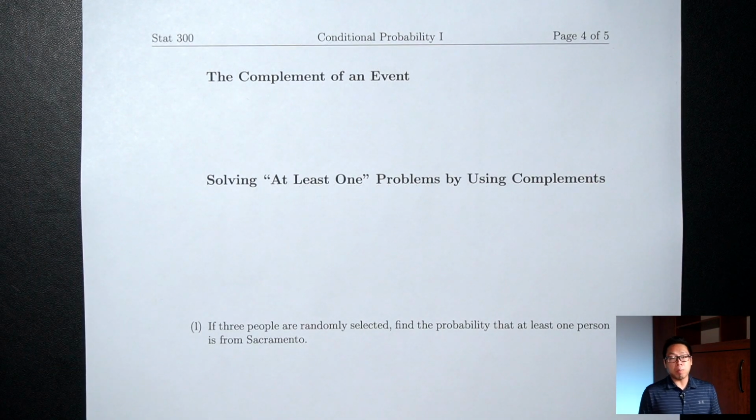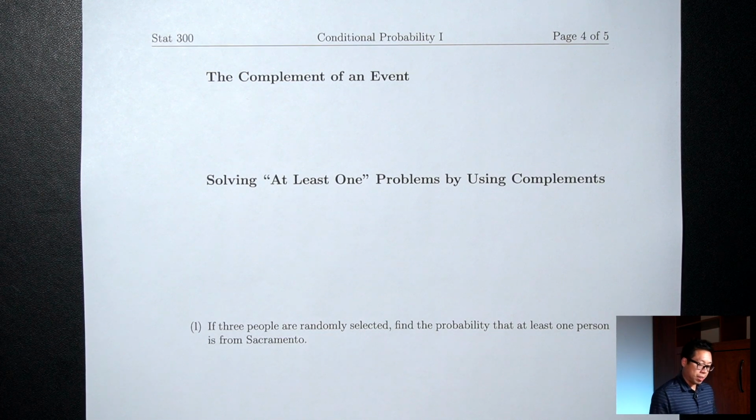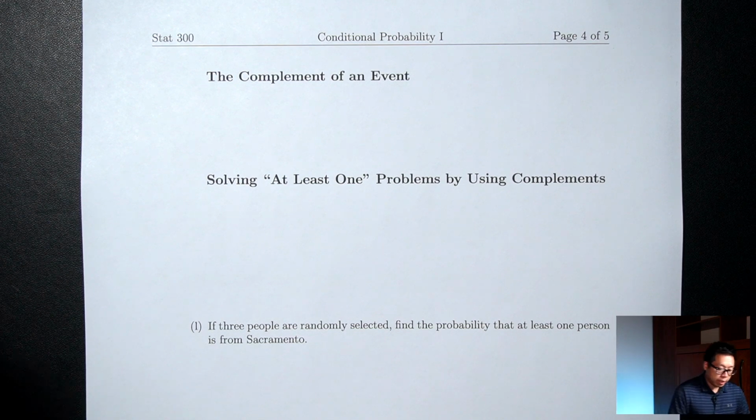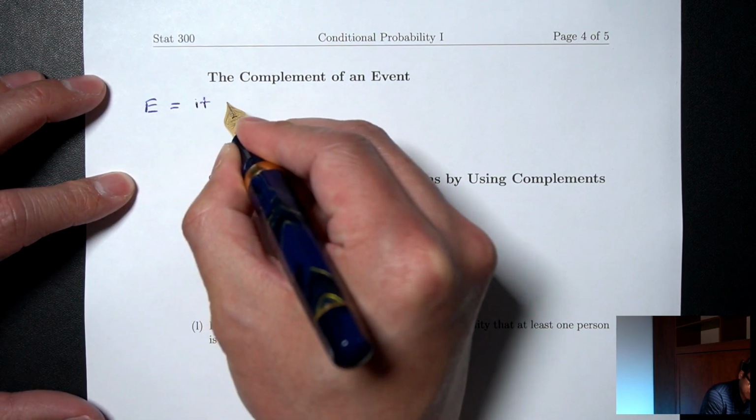Okay, so let me now talk about probabilities that involve the words at least 1. Before I do that, I have to introduce this idea of a complement, and let me do that using an example. Say E stands for it rains today.